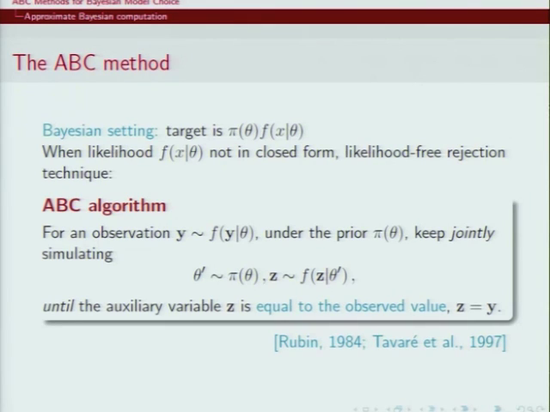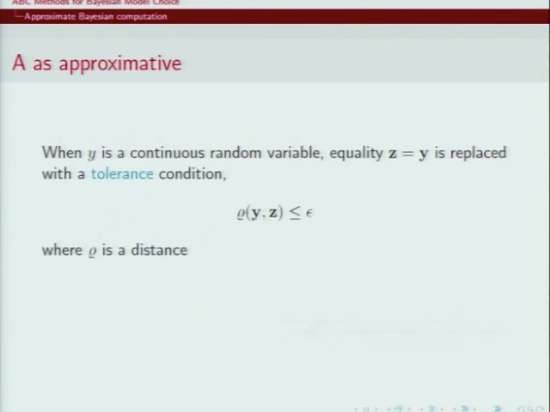Of course, that's useless in most situations, either because the distribution f is over a continuous space, or even in a discrete space because the space is too large for waiting for z equal to y. And so that's where the A comes into the game: we cannot wait for z equal to y, and therefore we accept a tolerance zone around z equal to y and get out of the loop when z and y are close enough by a tolerance condition that is rho of y and z less than epsilon, epsilon being a positive number and rho being a distance.